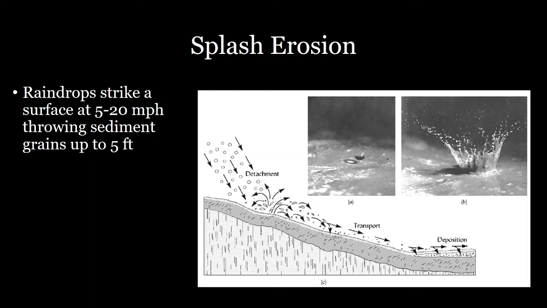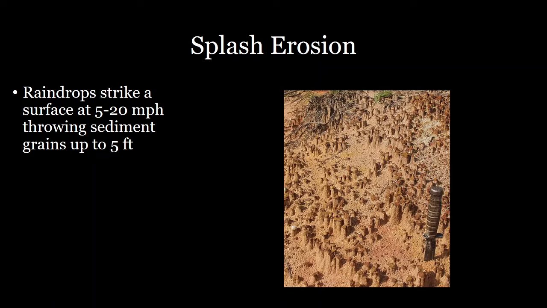And depending on the properties of the rain and of the sediment, that sediment can be pushed significant distances, such as 5 feet away. You can see an example here of a landscape that's experienced significant splash erosion.